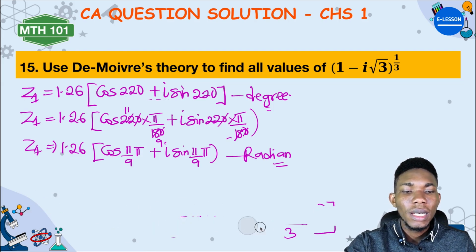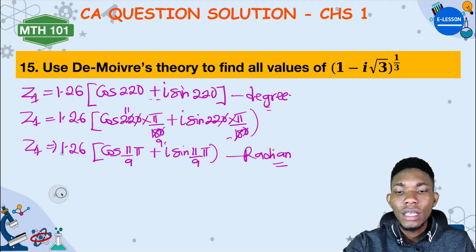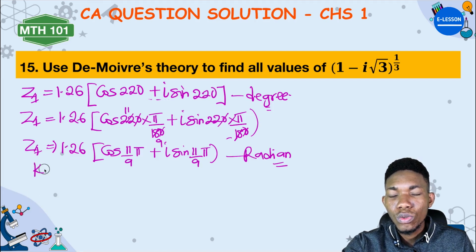The last but not the least is when k is equal to 2.